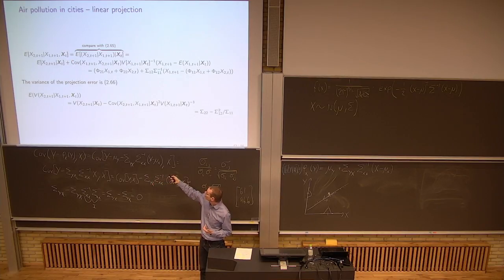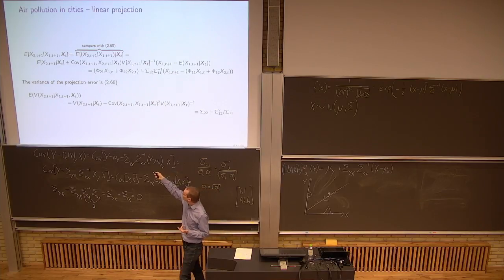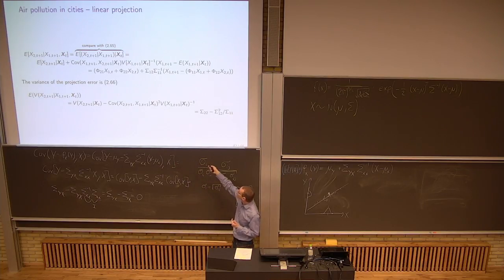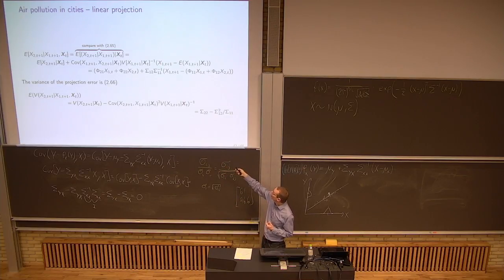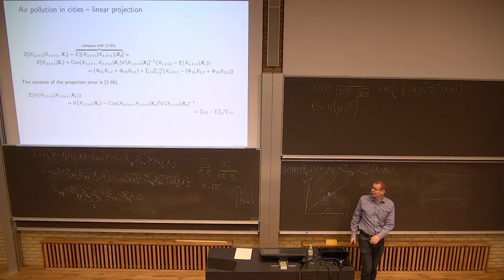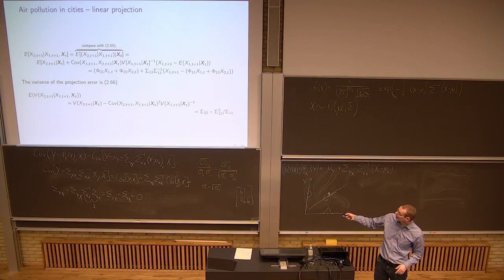Plus, and then we have the conditional covariance between x1 and x2, pre-multiplied on the inverse of the variance of x1, conditional on xt. And then how far is the departure of the observed x1 from the expected value of x1 that we have there. So that is what we have up there. And the next line is basically just plugging in coefficients for everything.